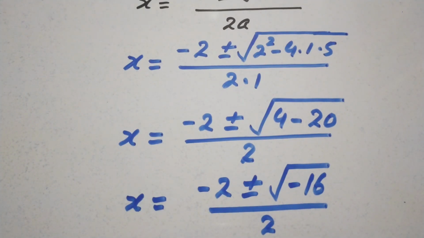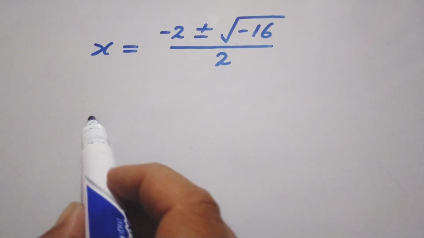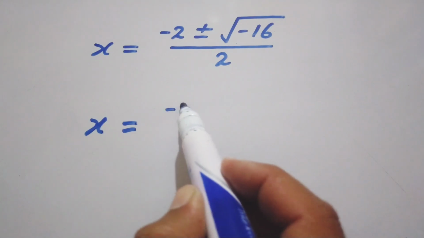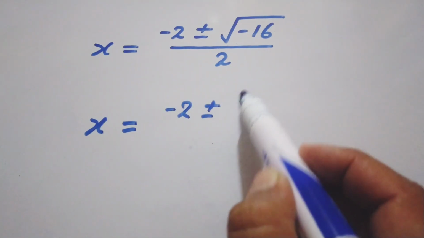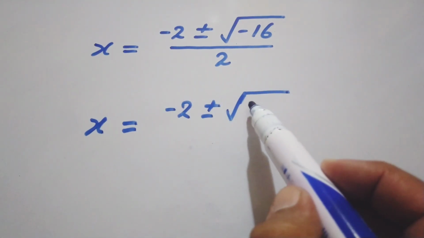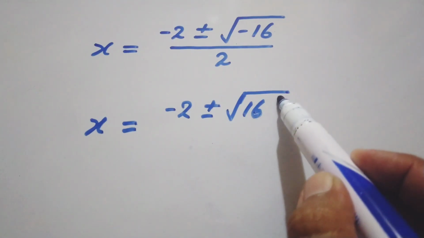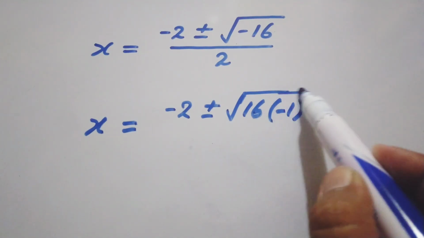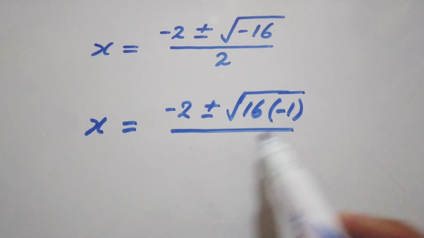So now we have x is equal to minus 2 plus minus square root of minus 16 divided by 2. We can write this as 16 multiplied by minus 1. We get minus 16 divided by 2.